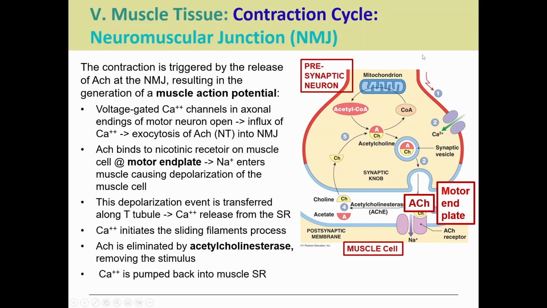When that action potential has traveled down to the end, it's going to cause the voltage-gated calcium channels to open, flooding calcium into the end of the neuron. That's going to allow the acetylcholine vesicles to fuse with the end and spill that acetylcholine into the synaptic gap, in that synaptic cleft.